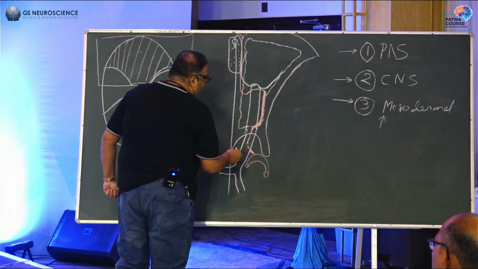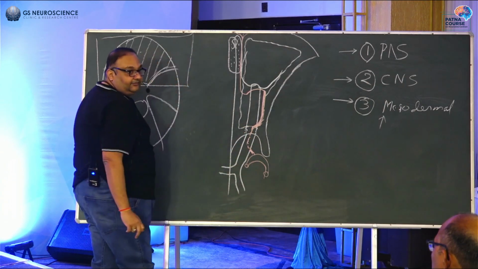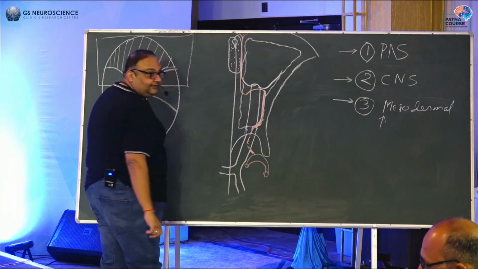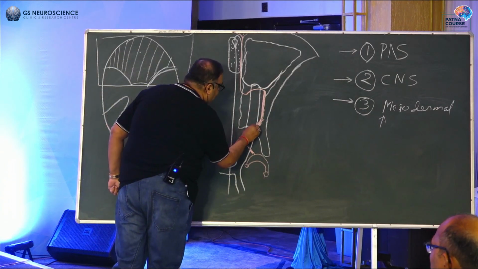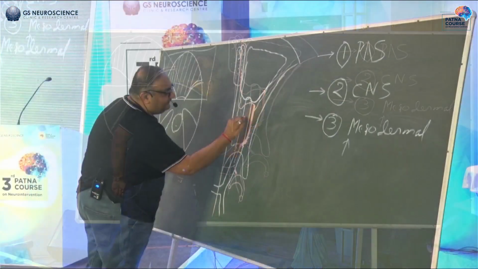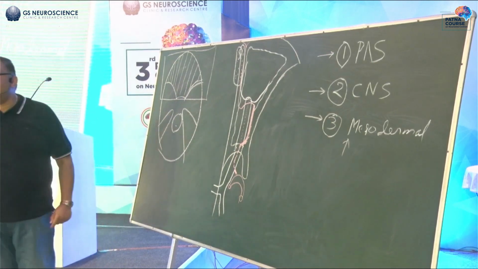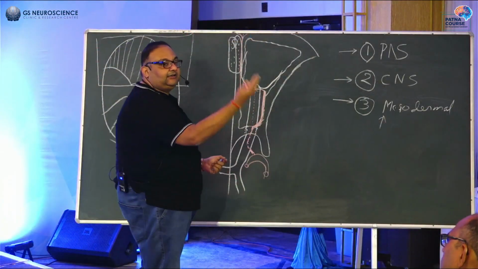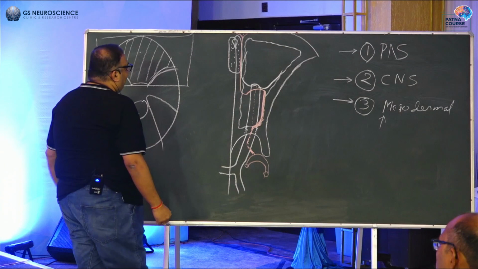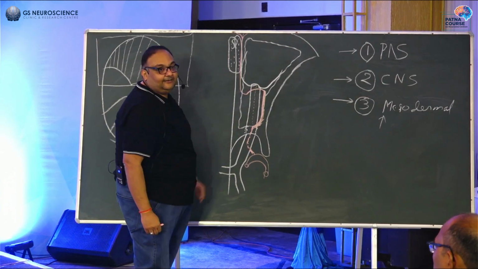The first branch that it gives, while it is still under the optic nerve, or while it is still lateral to the optic nerve, is going to be the central retinal artery. The central retinal artery will emerge from the ophthalmic artery under the optic nerve, and it will penetrate the optic nerve and ultimately reach the retina.